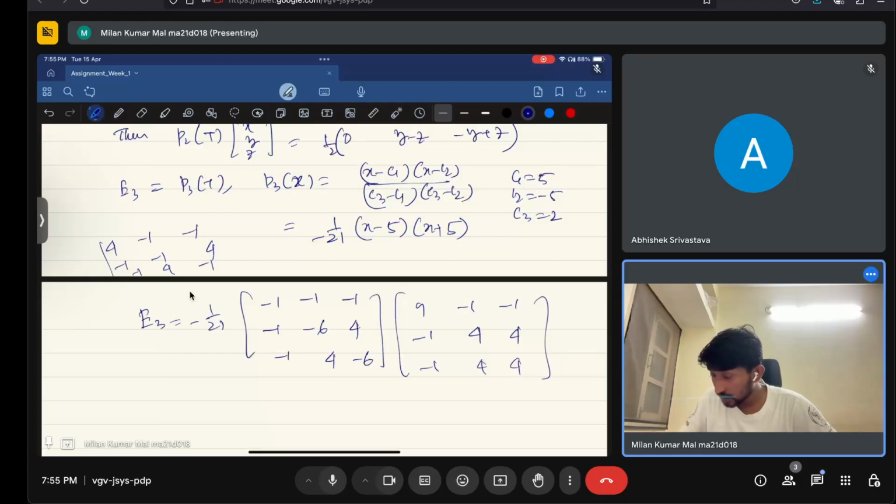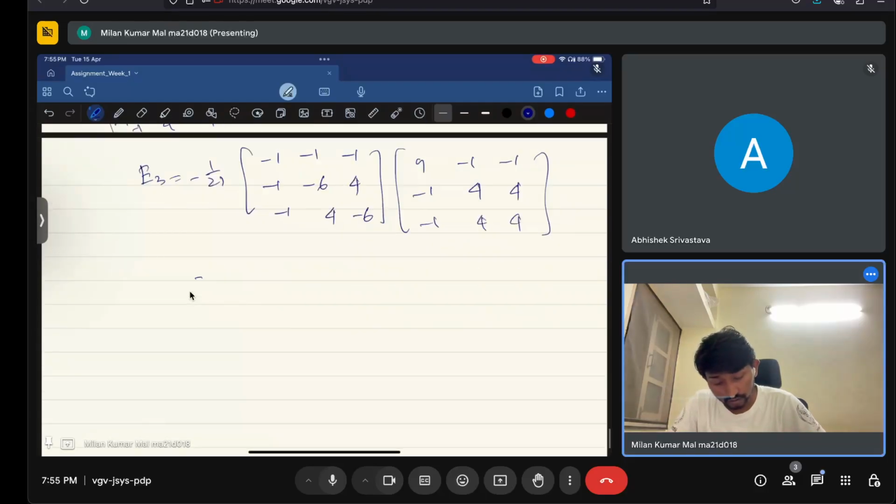So what will we get? This will be minus 1 by 21. First will be minus 9 plus 1, that is minus 7.